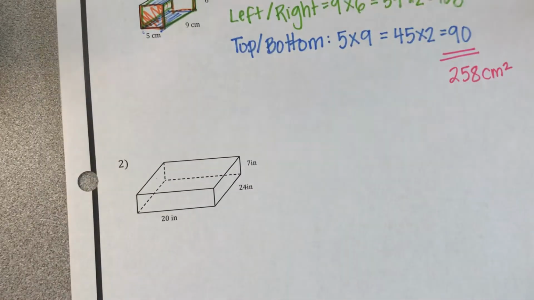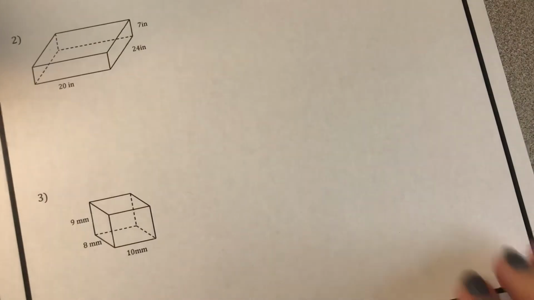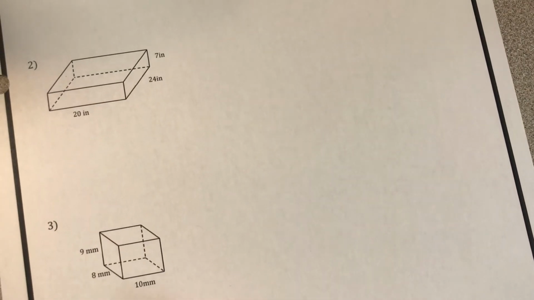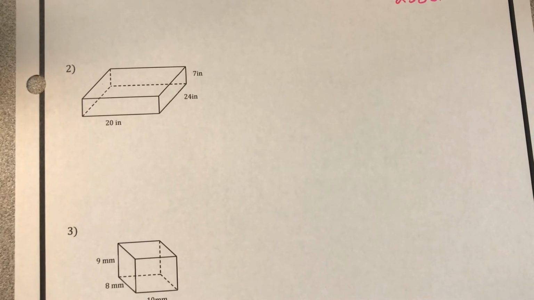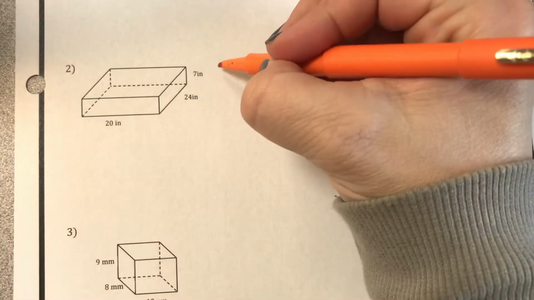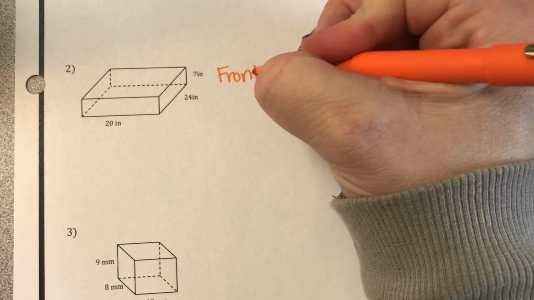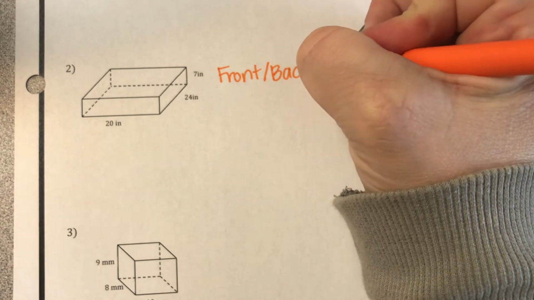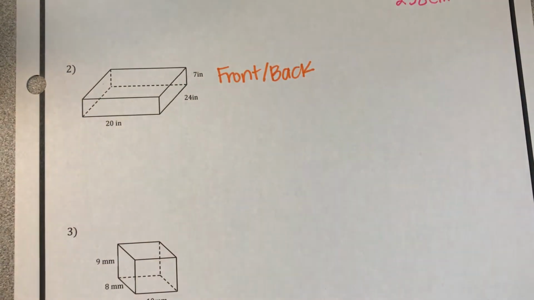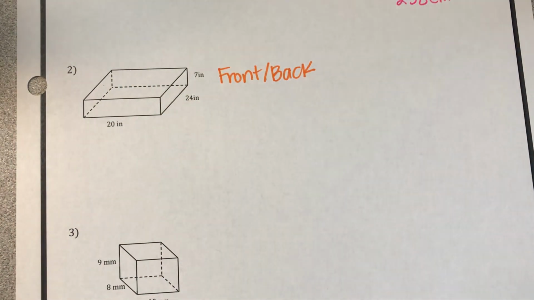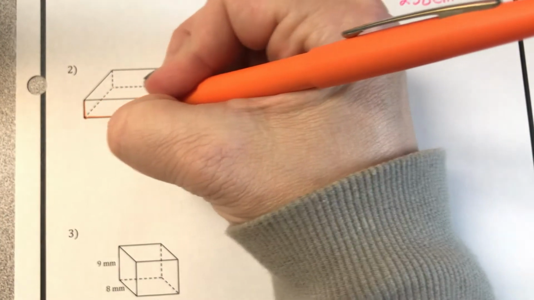Okay, let's try this middle one. Whoa. Move my coaster. There we go. Okay, so let's look at number 2. So I'm going to kind of set them up the same. Let's do the front and the back first. So I'm going to call this the front.